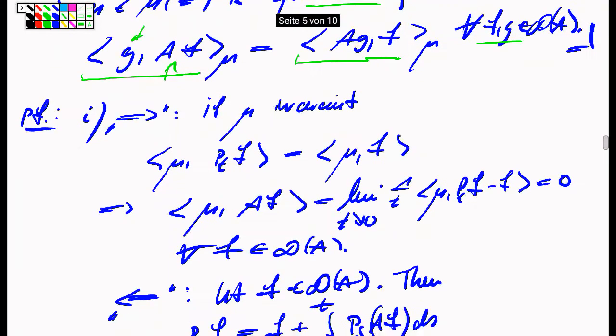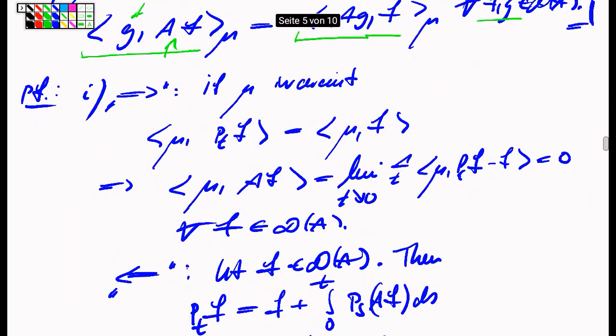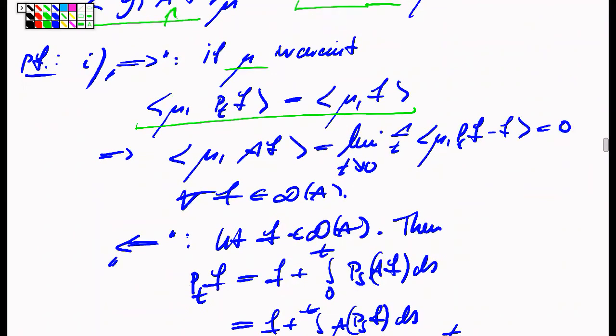I will give only a proof of statement 1, leaving the proof of statement 2 as an exercise. Statement 1 is a characterization of invariance in terms of the generator of the Feller semigroup. So we start with the direction that invariance implies this vanishing condition on the range of the operator A. Suppose mu is invariant, then we know for all functions f that this equality is true. It's just another way of phrasing invariance.